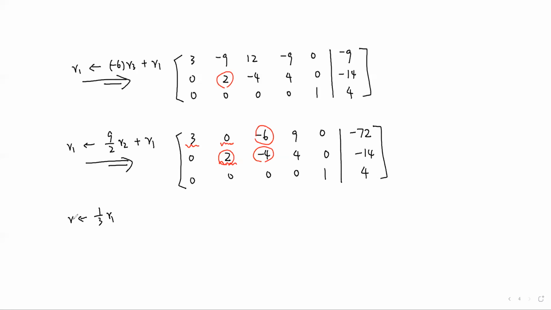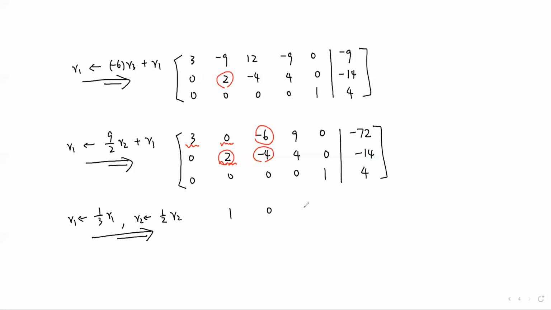Put the result in row 1. Scale row 1. Then 1/2 times row 2. Put the result in row 2. Scale row 2. Then we get reduced echelon form.